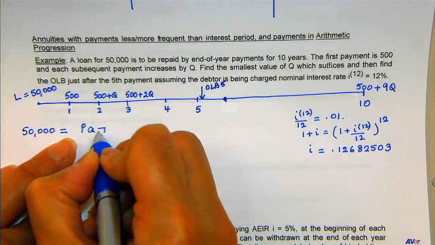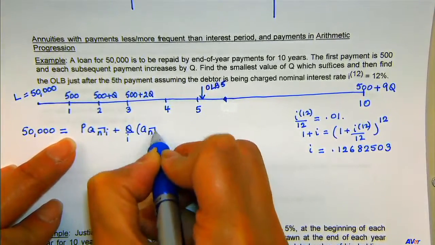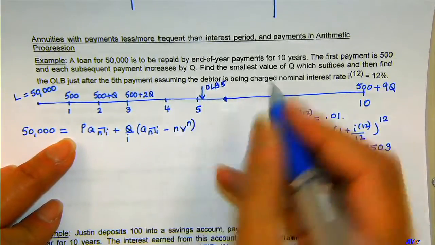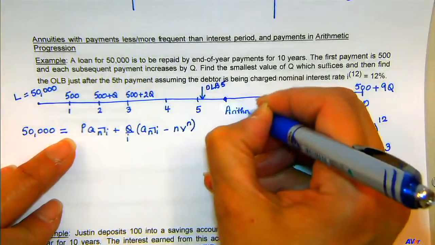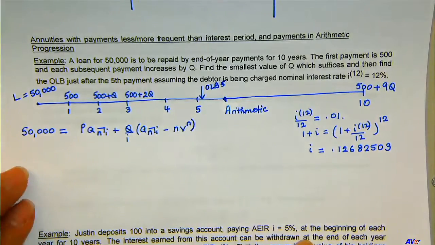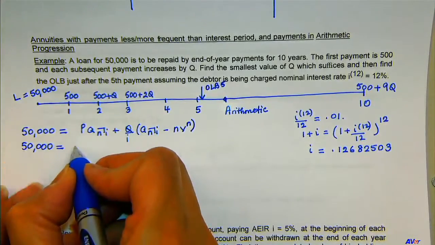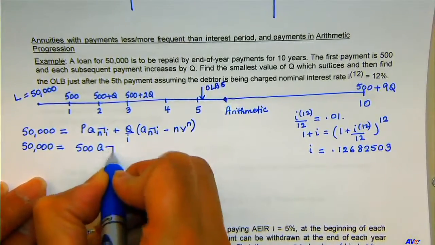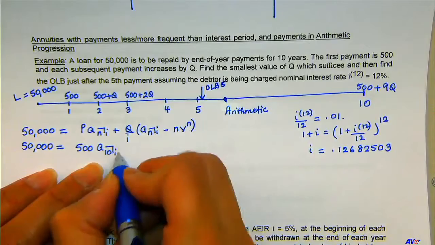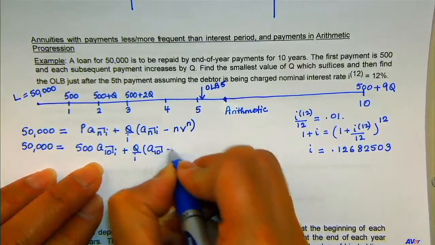P A angle N I plus Q over I times A angle N I minus N V to the N. So let's plug in 10. 50,000 is equal to 500 A angle 10, with the annual I I found here, plus Q over I, A angle 10 minus 10 V to the 10.